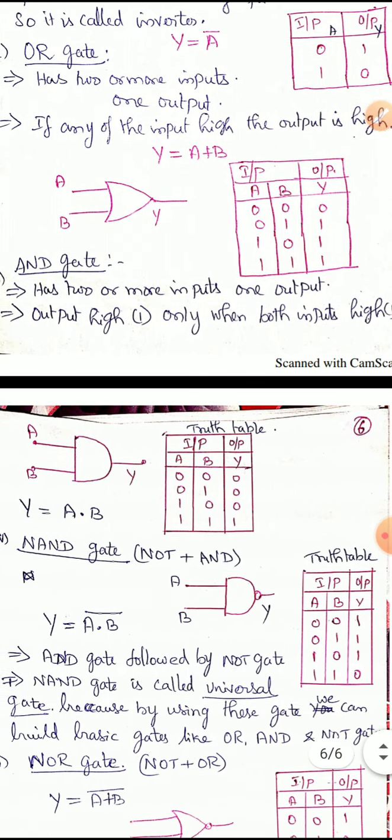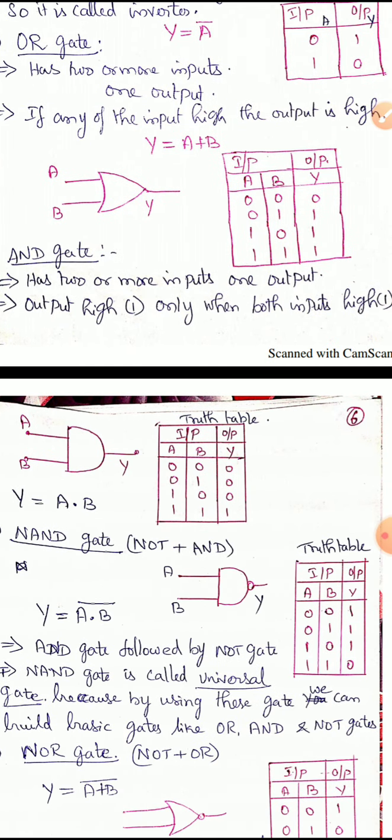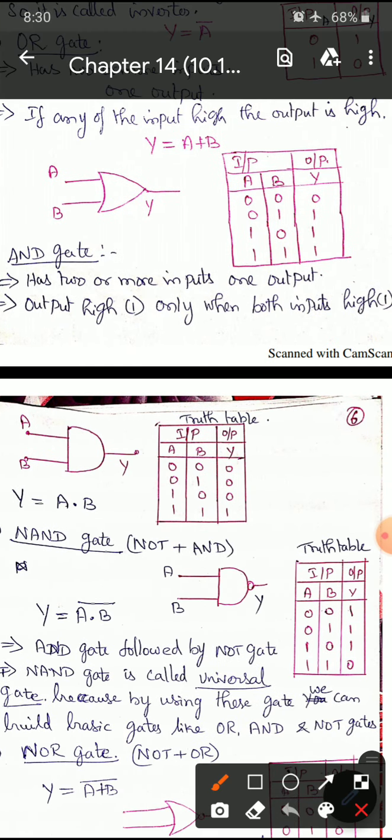See here, the input values and output values. A and B, two inputs are there. If A and B are both 0, the output will also be 0.